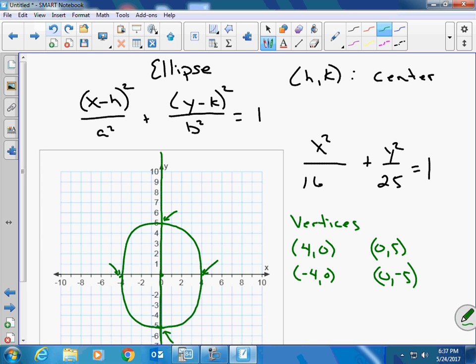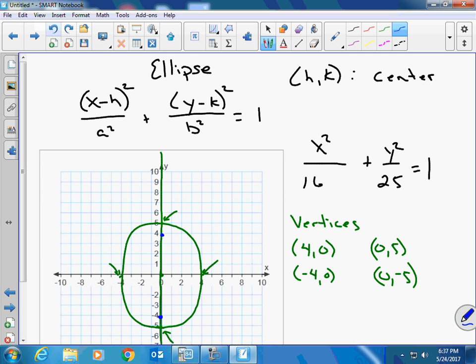Okay? Now, in general, the definition of an ellipse tells me that I have focal points sitting out here somewhere. I don't know where they're at right now, but I will put them there in a second. So I have some focal points just sitting out here somewhere.